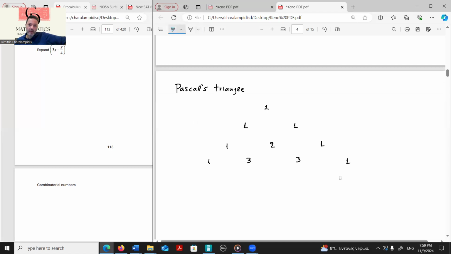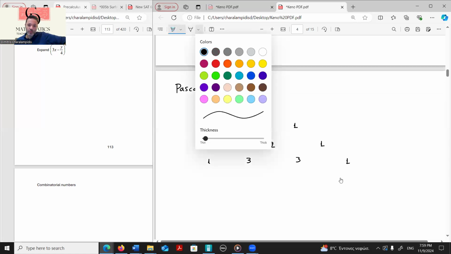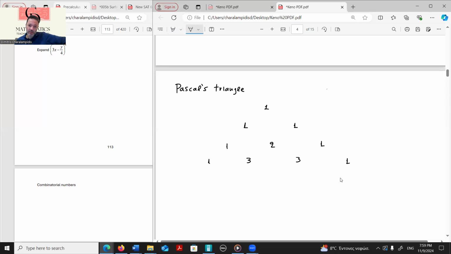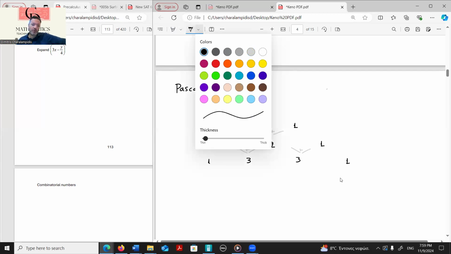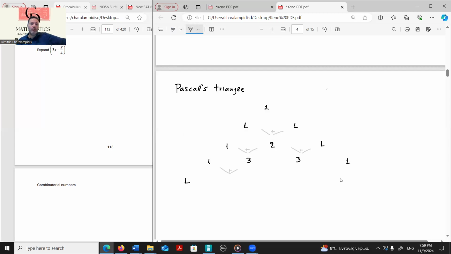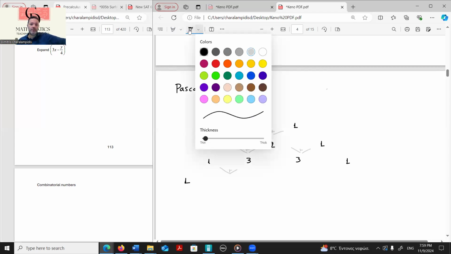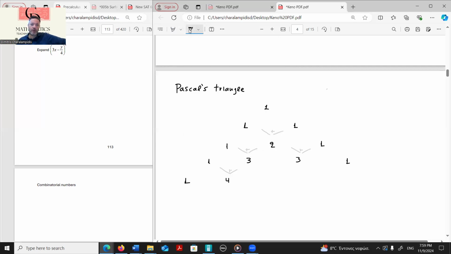If we pay attention, we might see that what it does basically is adding these two. 1 plus 1, 2. Then 1 plus 2, 3. 2 plus 1, 3 again. So the next one should have been 1. And this time we should add these two. 1 plus 3 should be equal to 4.